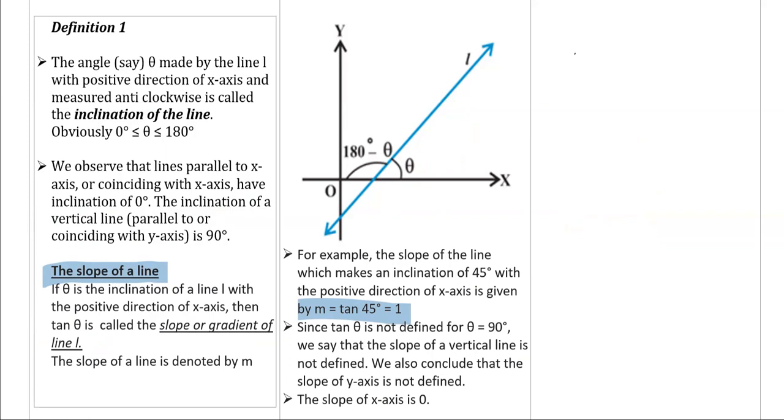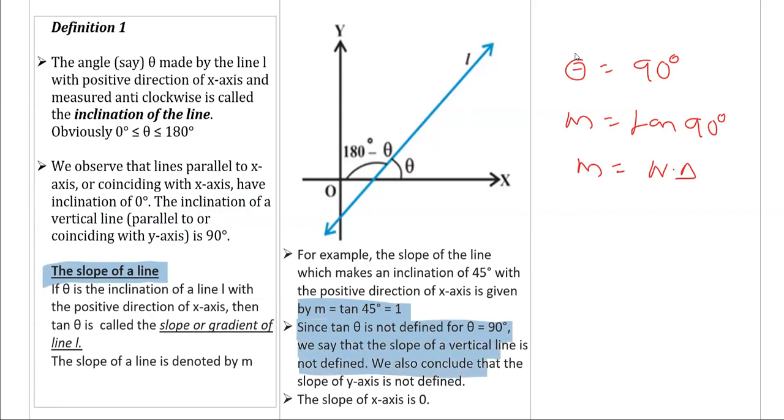Next, if I take the angle of inclination as 90 degrees, then the slope of the line m is calculated as tan 90, and we know that tan 90 is not defined. So we say that the slope of a vertical line, or a line which coincides with the y-axis, is not defined.